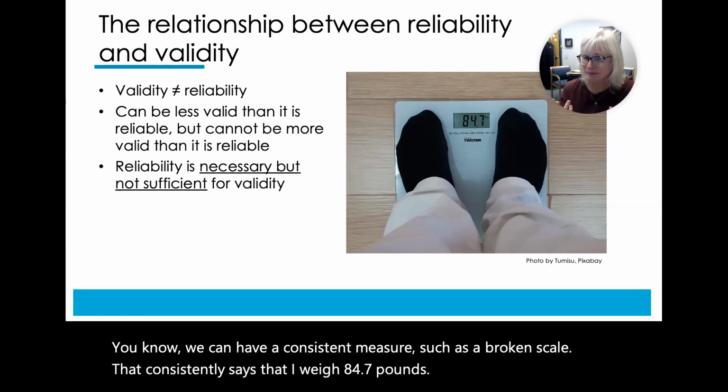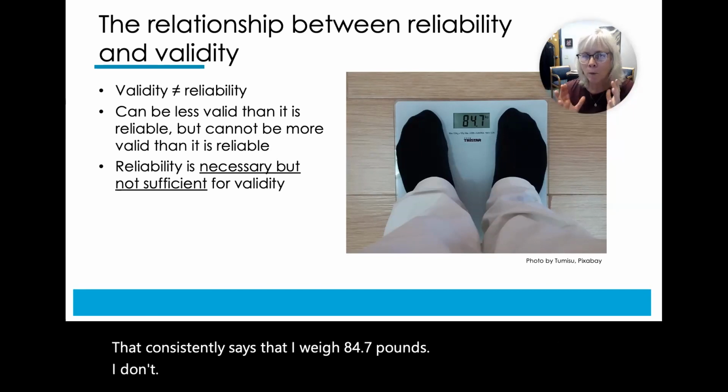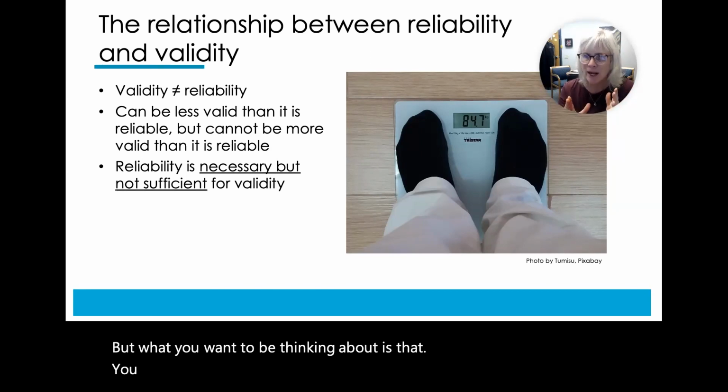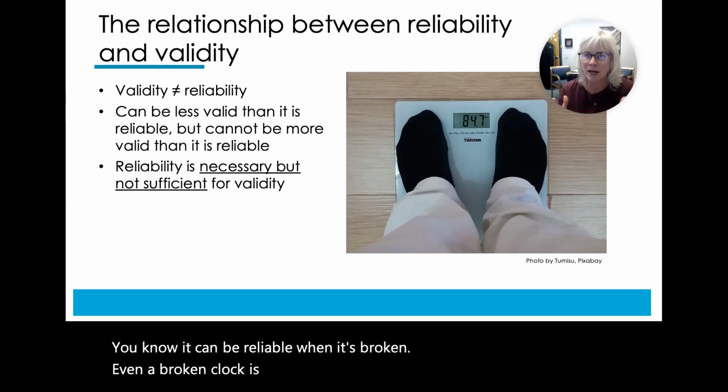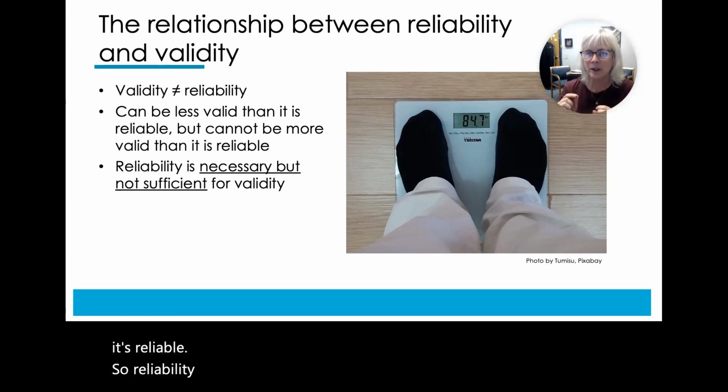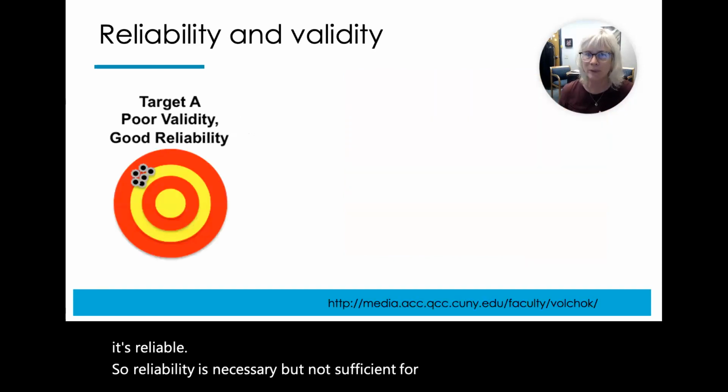But what you want to be thinking about is that it can be reliable when it's broken. Even a broken clock is right 2 times a day, but it can't be more valid than it's reliable. So reliability is necessary, but not sufficient for validity. It has to be consistent.